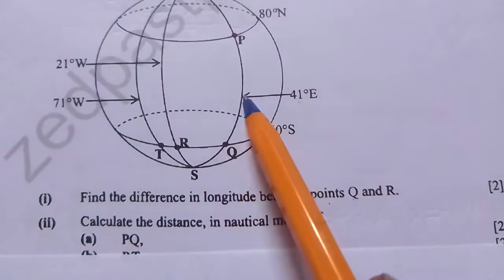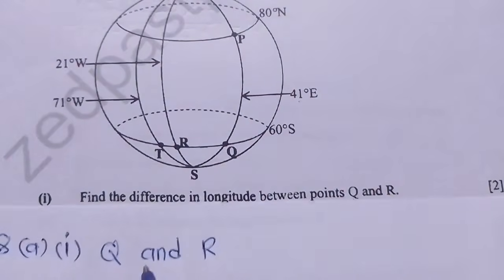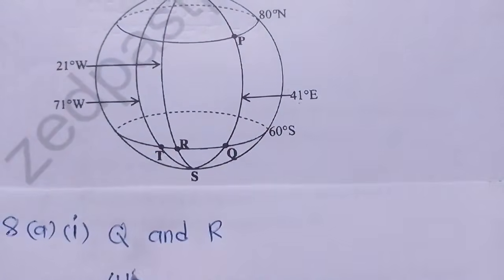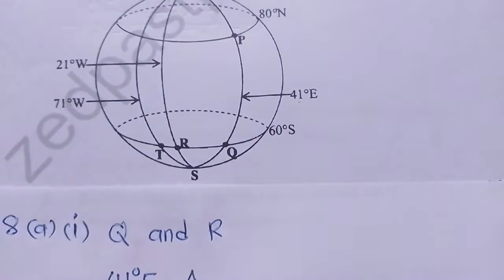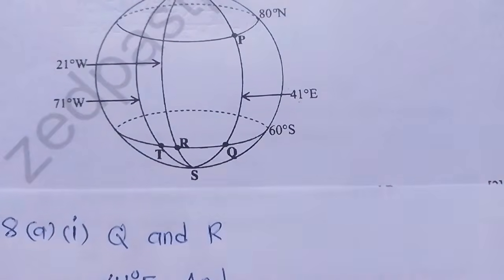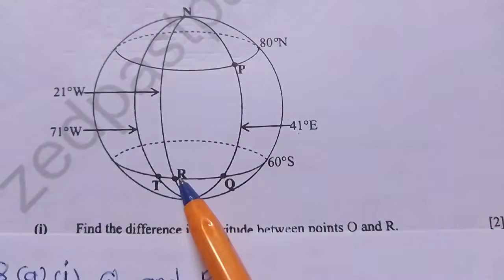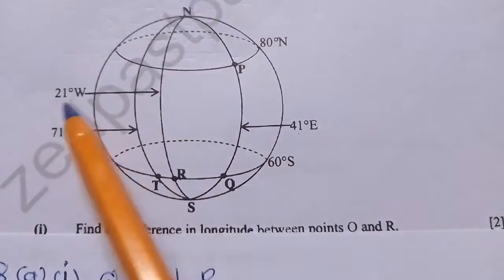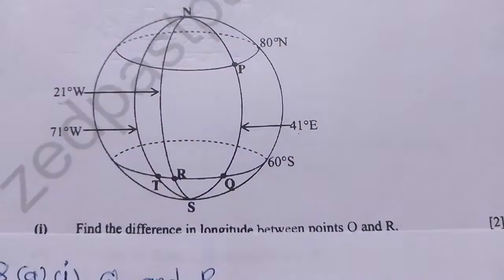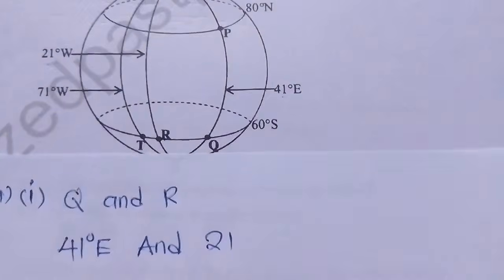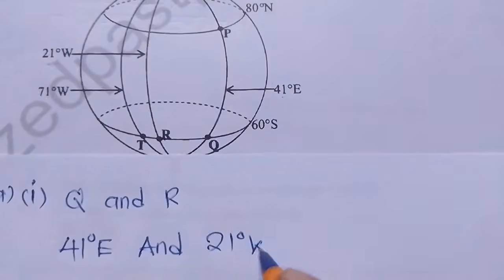Q, this is Q, is on 41. So 41 degrees east. And this other one is on which longitude? You check R here. 21 degrees west, like this.